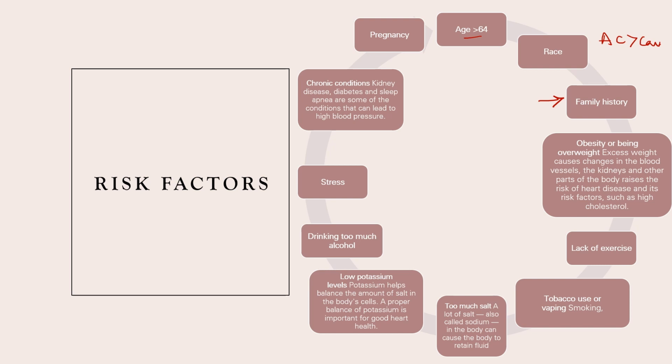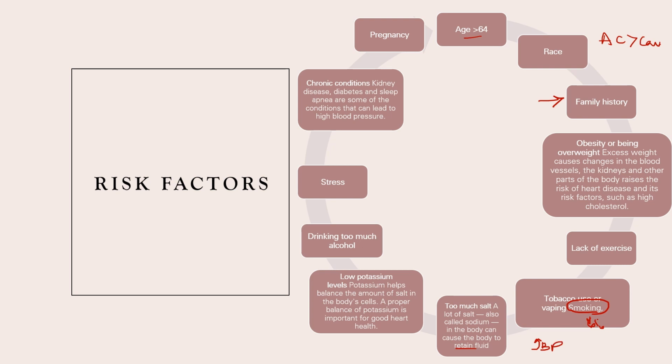Lack of exercise, tobacco use, or smoking. Now, smoking plays a pivotal role in the development of hypertension. Very, very important. Too much salt or sodium in your diet urges the body to retain more fluid, and this in turn increases the blood pressure.